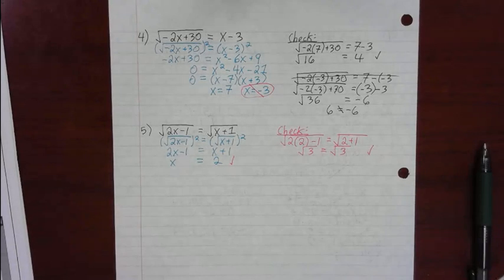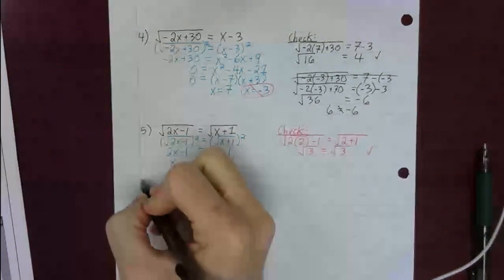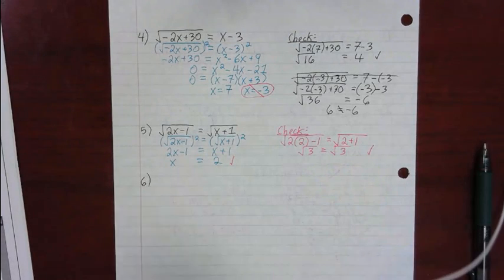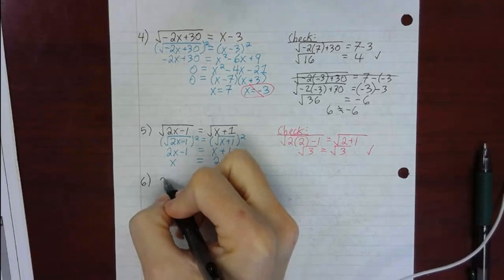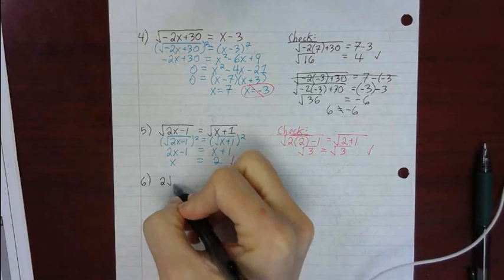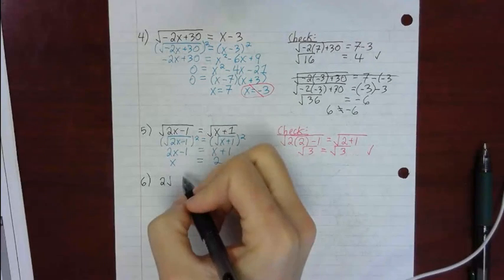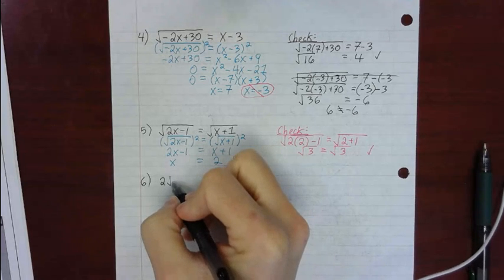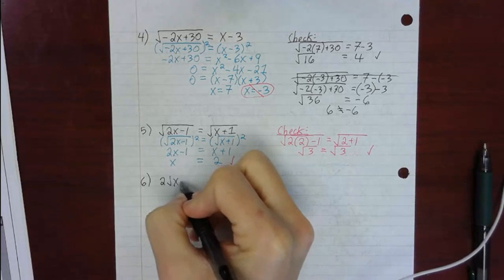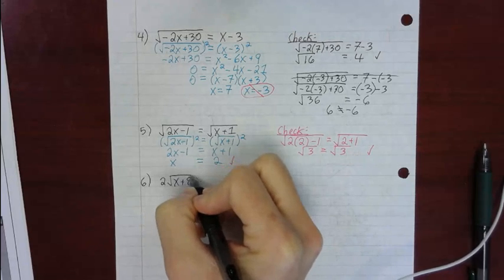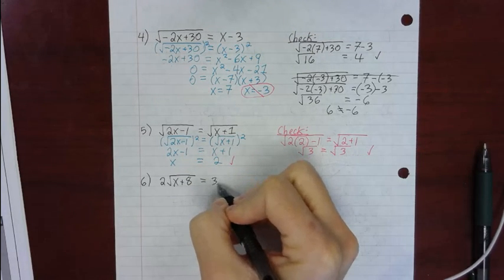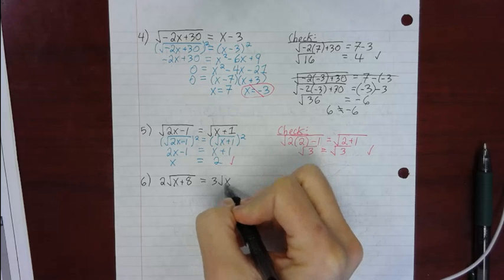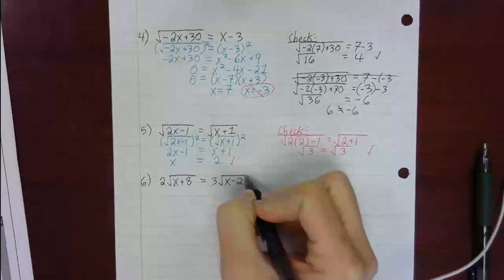Our problem number 6 is going to be following closely behind problem number 5, where we're going to have square roots on both sides. But in this case, we have a coefficient on the front of both of these square roots. So we have 2 times the square root of x plus 8 is going to be equal to 3 times the square root of x minus 2.